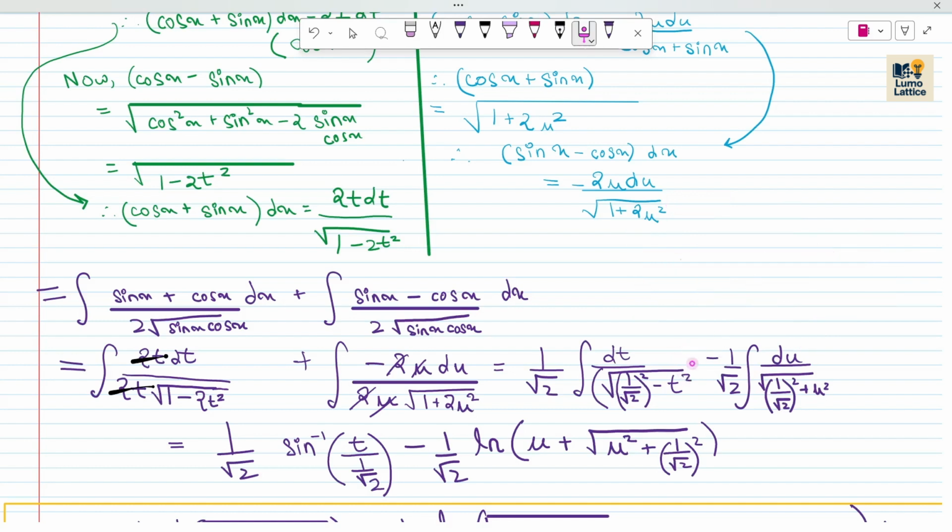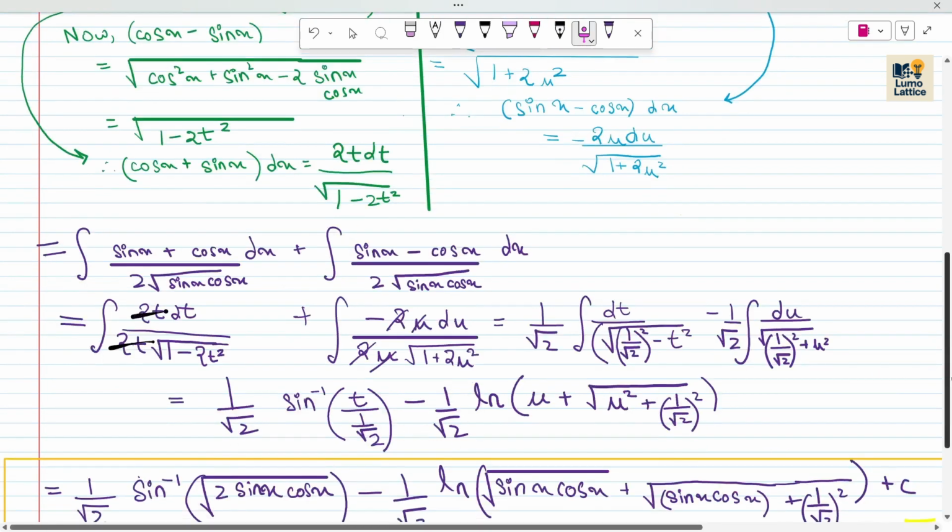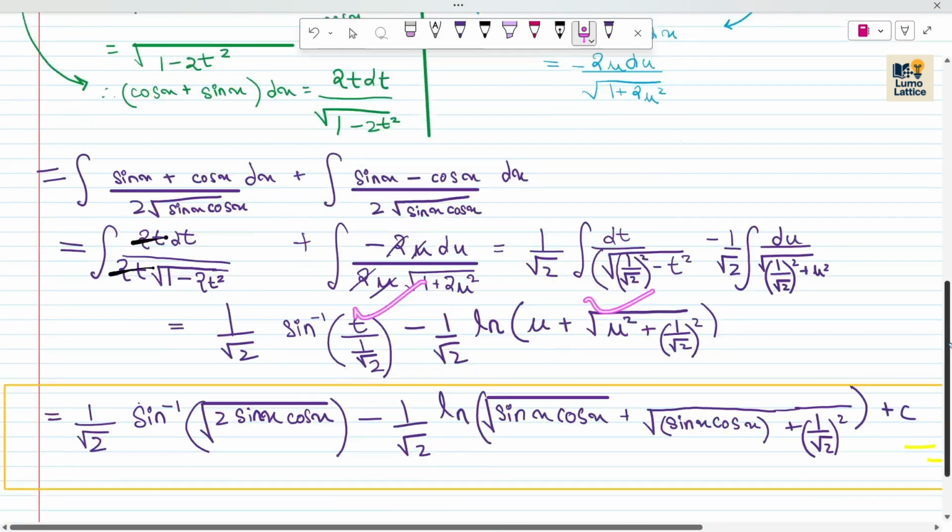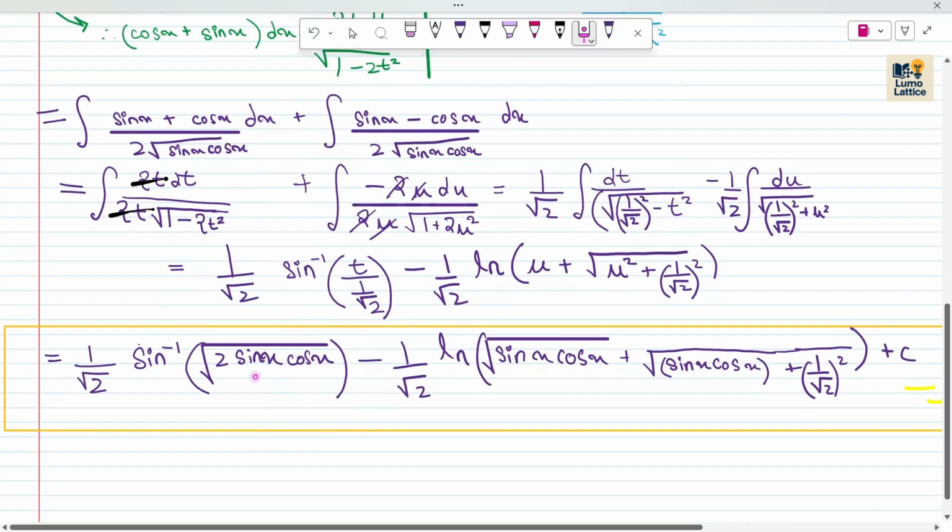We have applied both formulas on the respective sides. Here the term which is a square is 1 by root 2, and here it is also 1 by root 2. So after putting the values here, we get this equation. But we need to remember that we have substituted t and u. We need to also put their original values. After putting their original values, we get this and this on the respective sides.